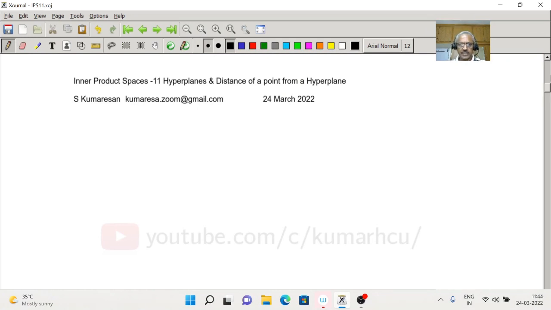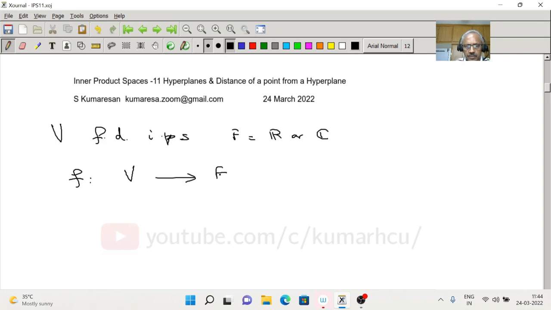So let us get started. Let V be a finite dimensional inner product space over a field F, which may be R or C. Suppose f is a linear functional from V to F, a linear map.